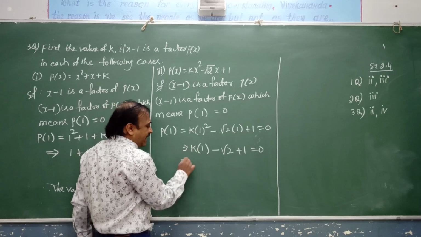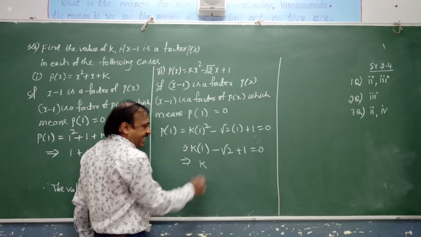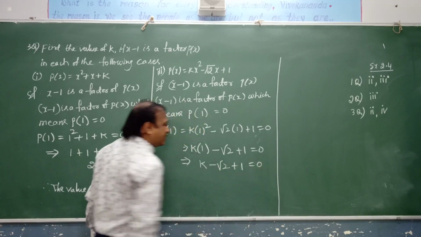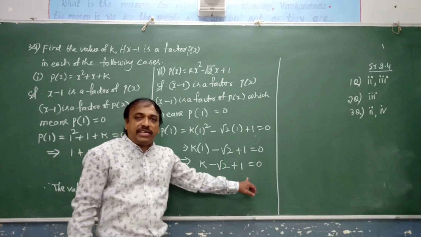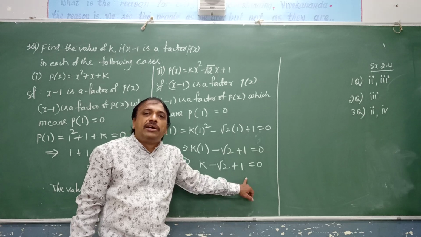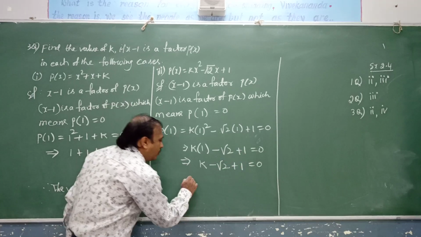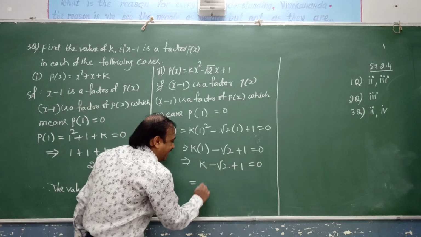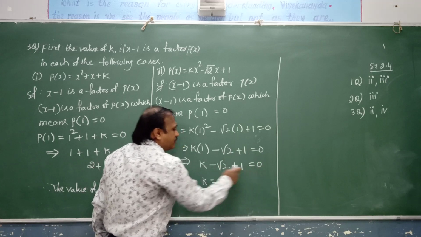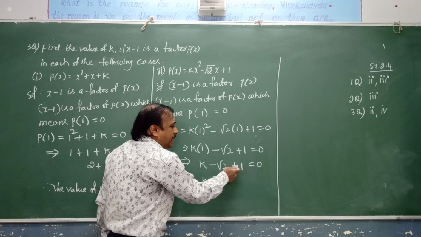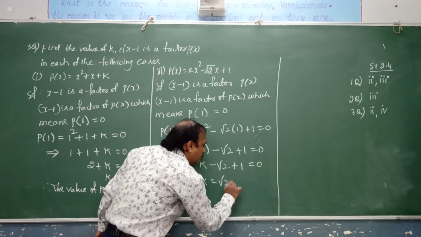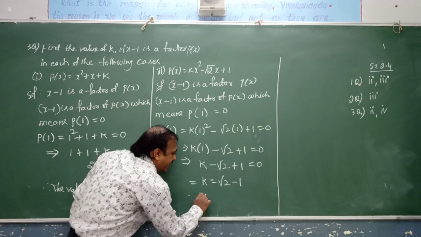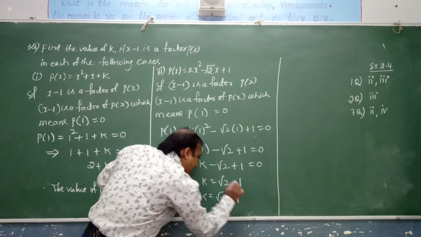Which implies k into 1, that is k, minus root 2 plus 1 is equal to 0. Can we simplify root 2 and 1? No, one is an irrational number, one is a rational number. So now k minus root 2 plus 1 is equal to 0. Transpose these to that side. K is equal to, if we transpose, minus root 2 will become plus and plus 1 will become minus. So root 2 minus 1. Therefore k is equal to root 2 minus 1.